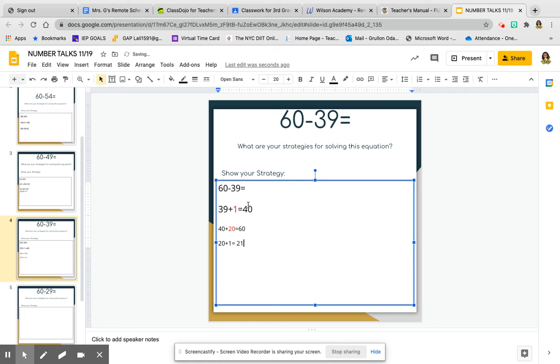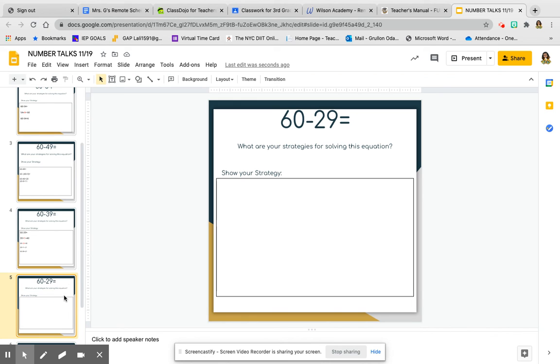And that tells me that the difference between 60 and 39 is 21. Let's just rewrite that number sentence so that we know this is our final answer. So 60 take away 39 equals 21 as my final answer. And the strategy that Mrs. G used was adding up to subtract.